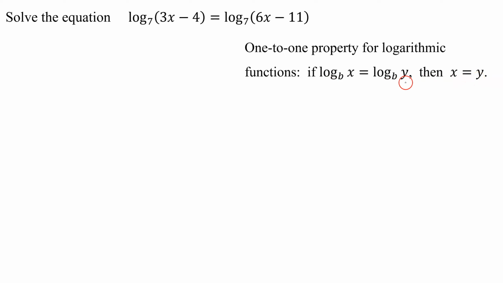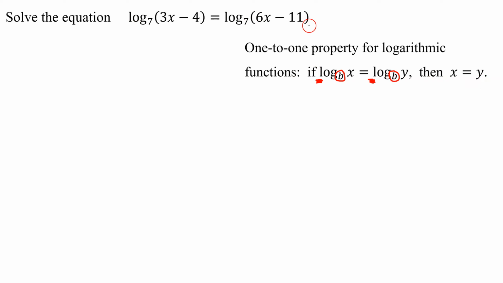Looking at this equation carefully, it's important to note the base of the logs must be the same, and the coefficients of the log terms must be a 1. Do we have that in this case? Our bases of the logs are both 7s, and I have a coefficient of 1 in front of each of my logs. So I can definitely use the one-to-one property.